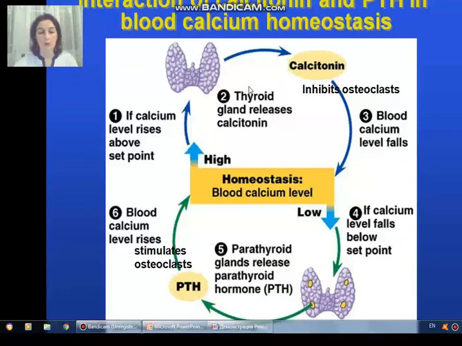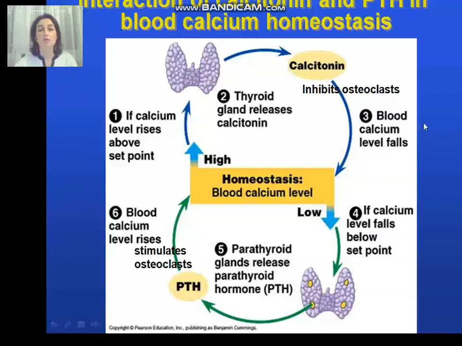Actually, parathormone also increases calcium reabsorption in the kidney tubules and the release of phosphates there. Then parathormone activates vitamin D, converting it into the active form.